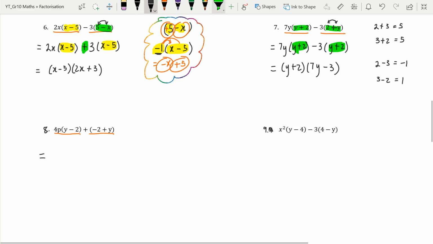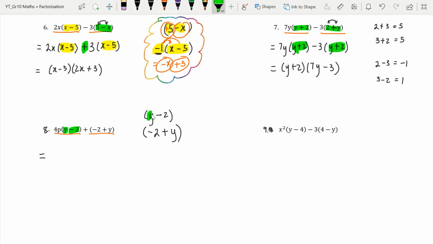If we look at what's going on over there, we've got a y, and we are subtracting 2, right? But note what's going on over there with the first bracket. With the first bracket, we've got y, and we are subtracting 2. In the second bracket, we have got that. Can you see that these are actually exactly the same?